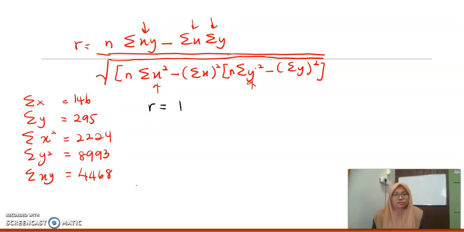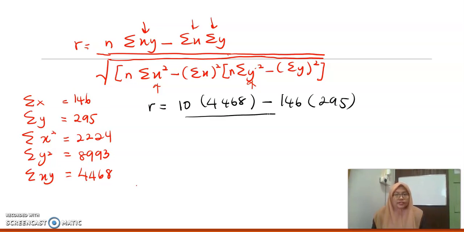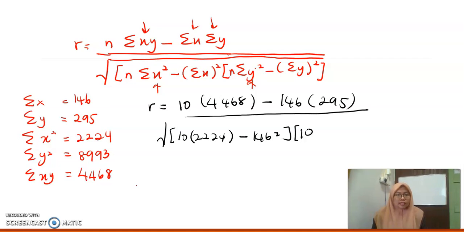So n is 10, right? So n, 10, times 4468, minus 146 times 295, divided by the square root of 10 times 2224 minus 146 square, times 10 multiplied by total y square, which is 8993, minus 295 square.